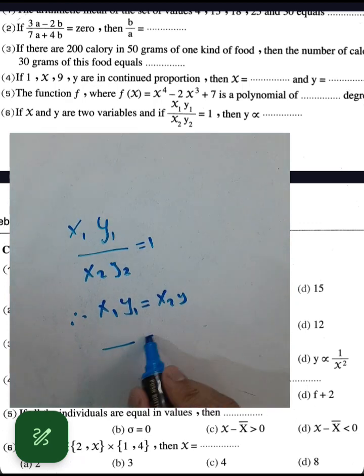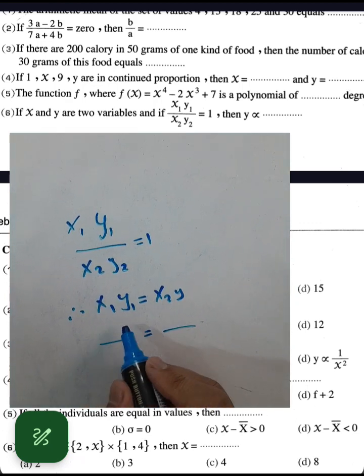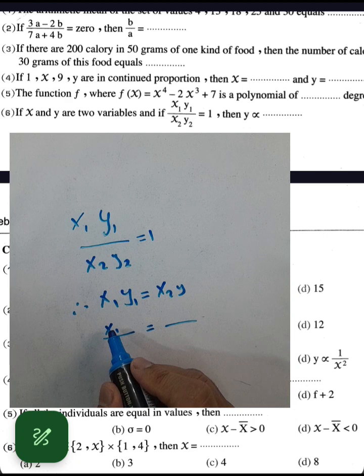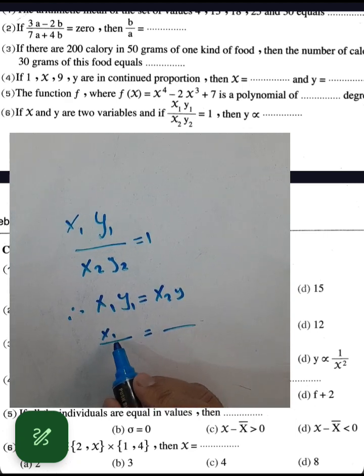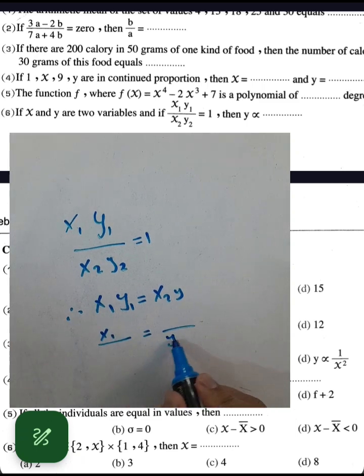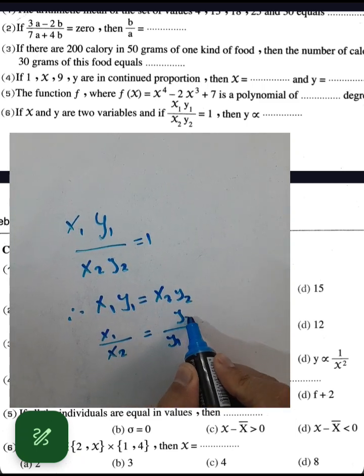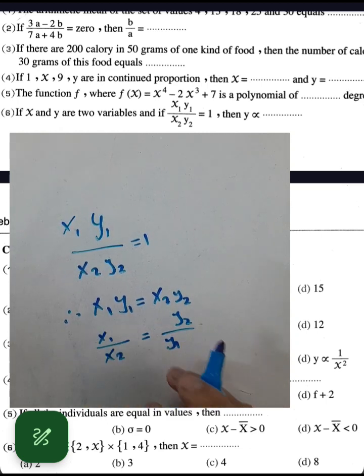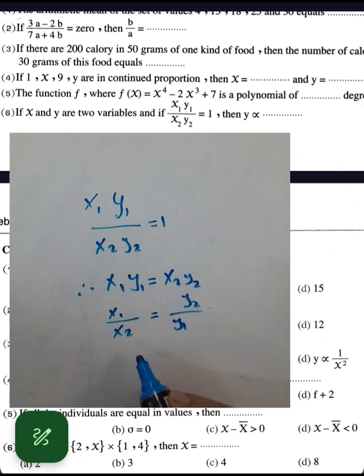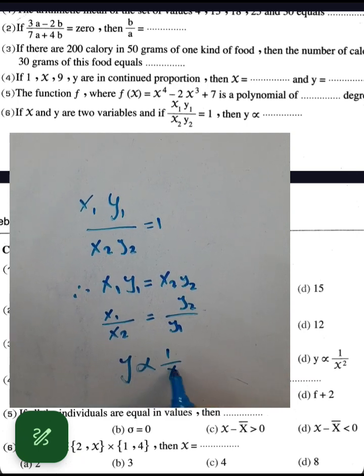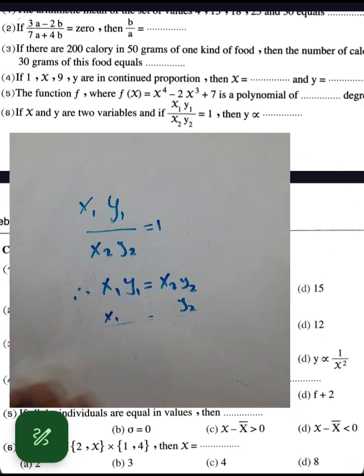To find the relation between x and y, you can write x1 over x2 equals y2 over y1. Then we have an inverse relation between x and y, so y varies inversely with x in this relation.